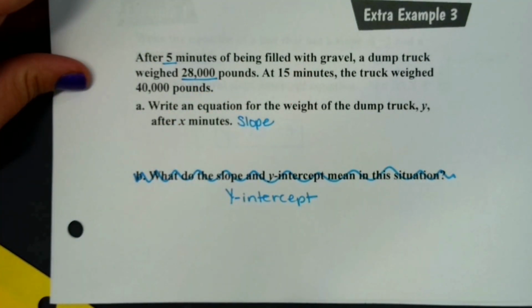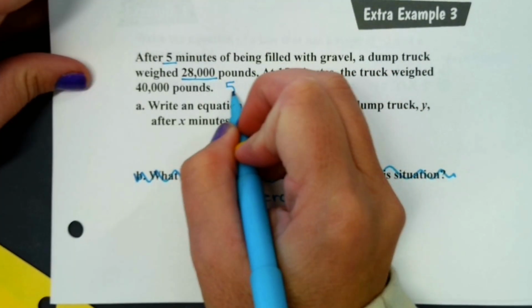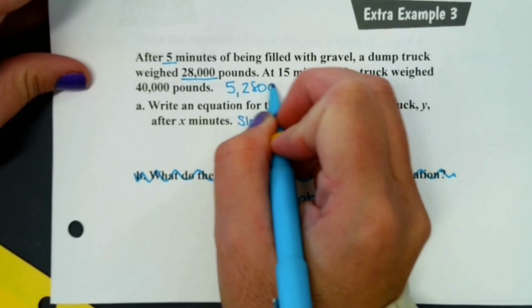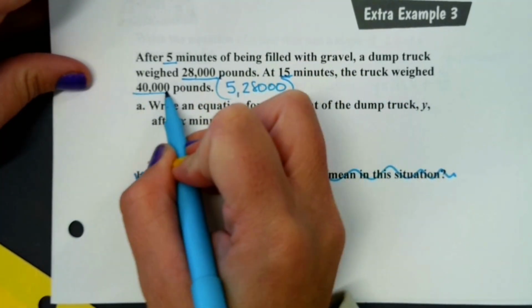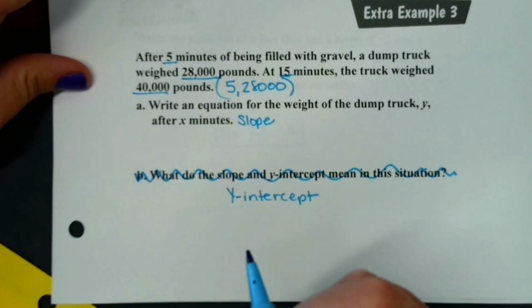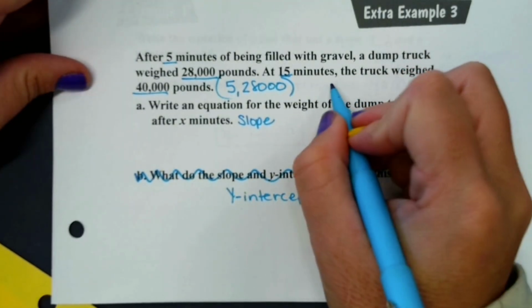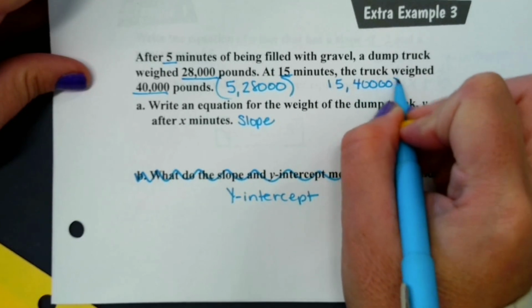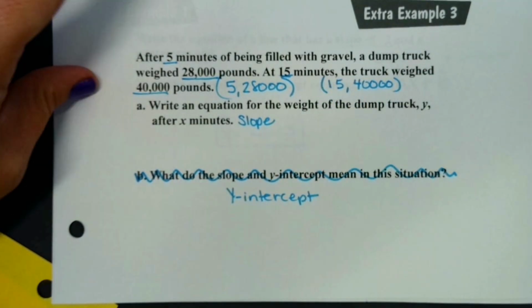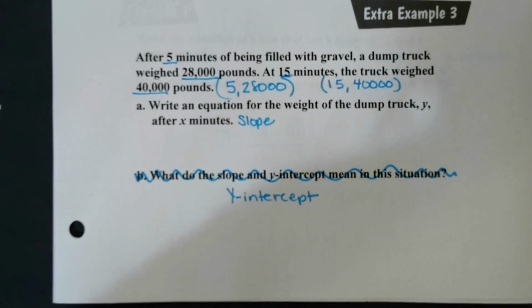Is that one coordinate right there? Okay, so 5 and 28,000. At 15 minutes, the truck weighed 40,000 pounds. Is that another coordinate? Find me my slope and my y-intercept.